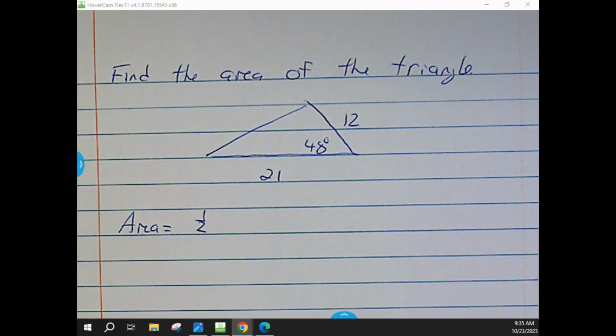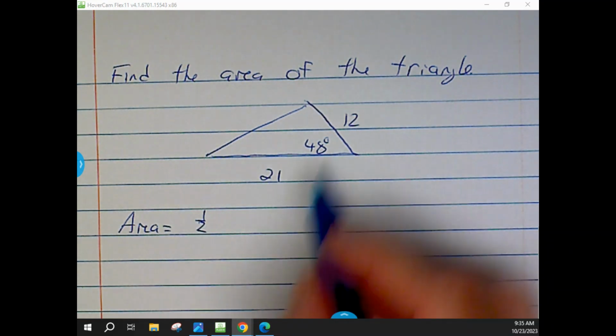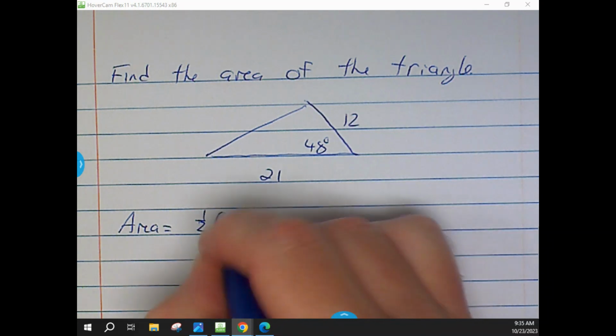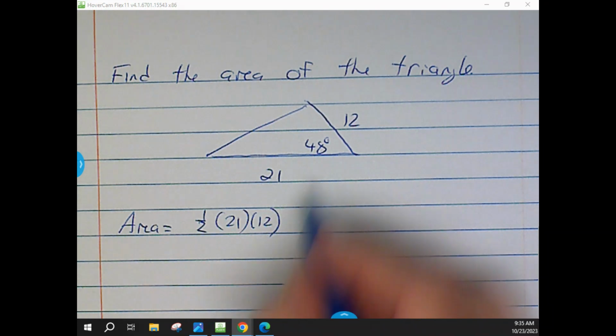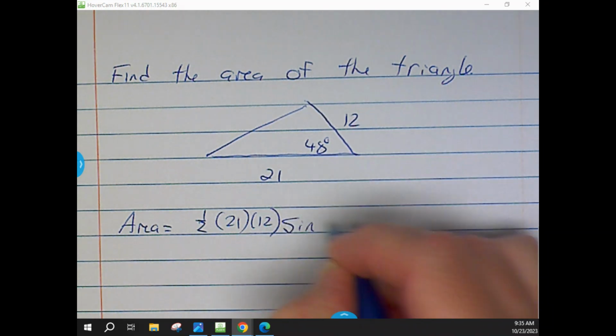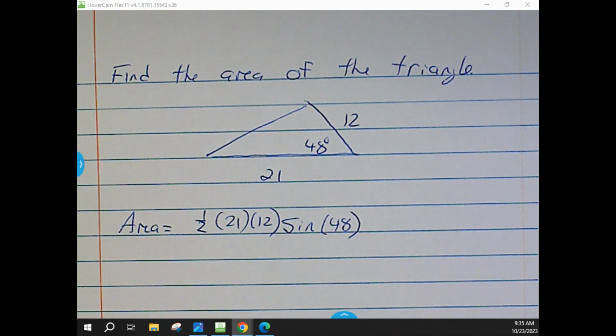Okay, so we're still going to use the 1/2. Go ahead and use your two side lengths that you've got here. But this time we're going to find the sine of the angle that's there.